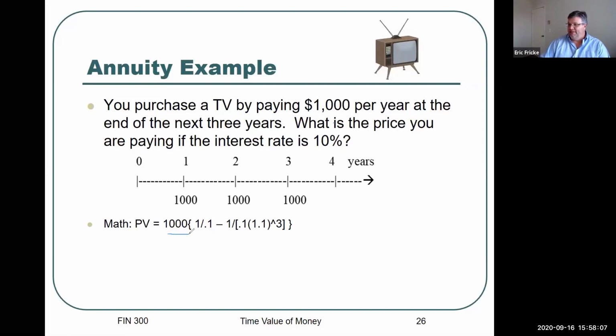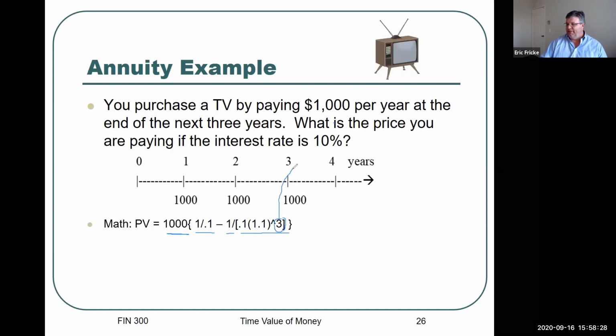Here's the cash flow, the C, and then the equation from the other slide: 1 over R, and then 1 over R times (1 plus R) to the power of T. And T is just the total number of years in this annuity, which is a 3-year annuity.